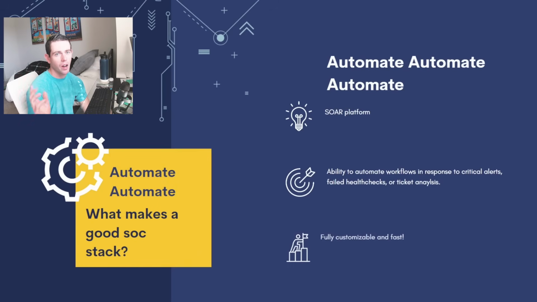We then want to automate. And I can't stress that enough. You want to try to automate as much as is humanly possible. I know that's a lot easier said than done, but especially in the security world, with how fast things are moving and how big networks and the number of endpoints on networks are becoming, it is just not possible for humans to sift through and analyze all of these events that will be hitting our platform.